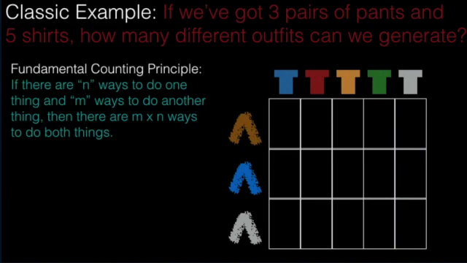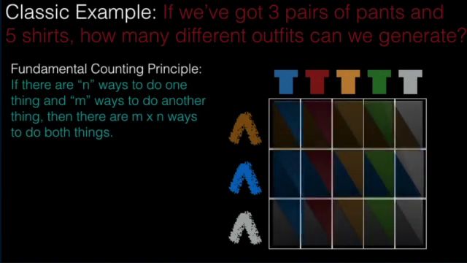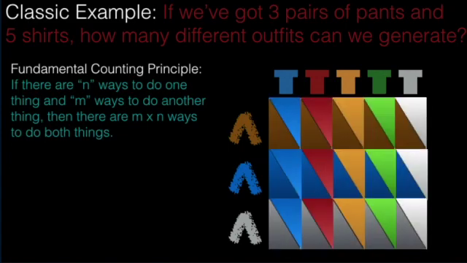And you can see if I fill out this chart, 1 shirt going with 1 pair of pants, we got 5 different possibilities with each pair of pants. Right? So 5 times 3, 15 possible outfits we can generate from those 5 shirts times 3 pairs of pants.